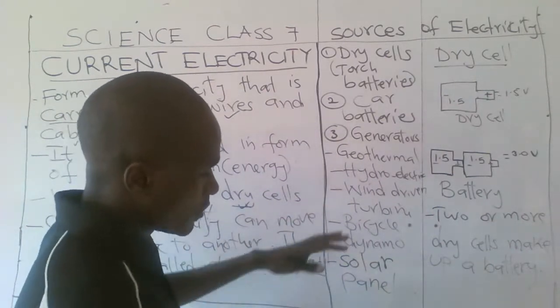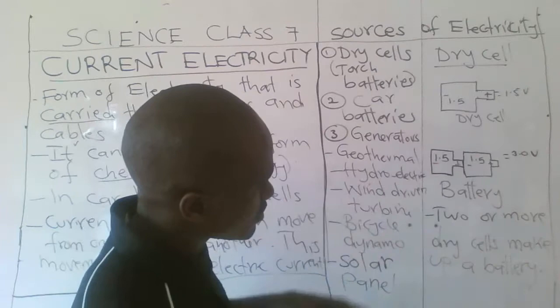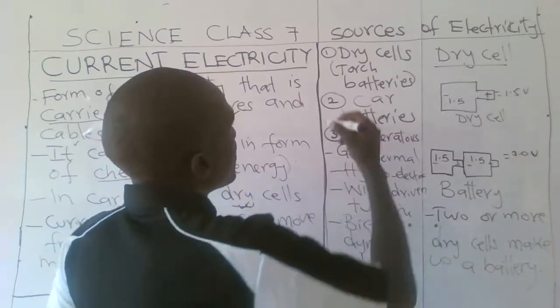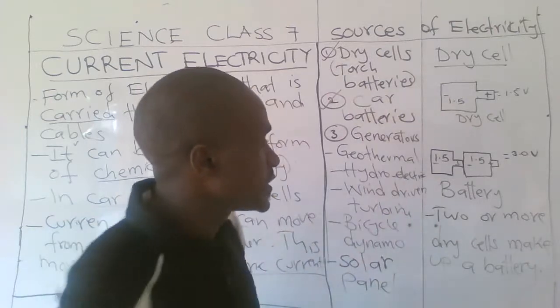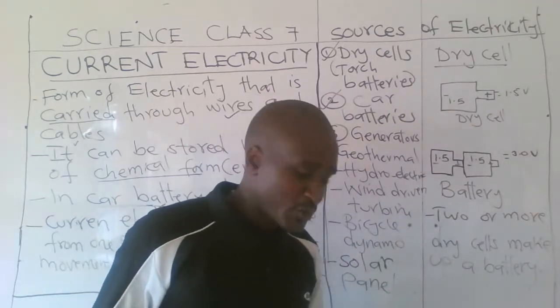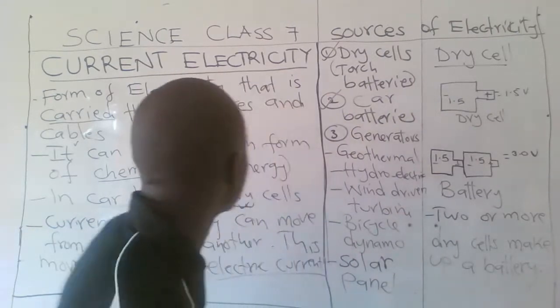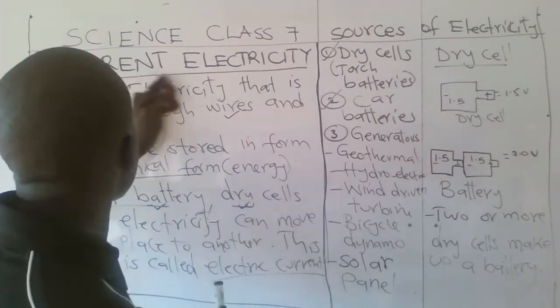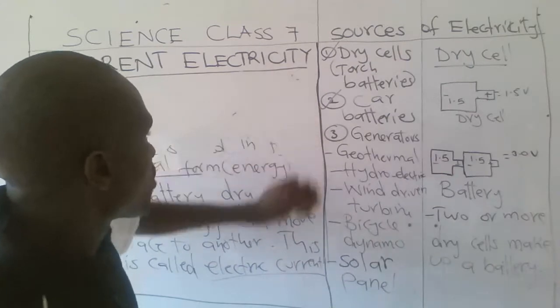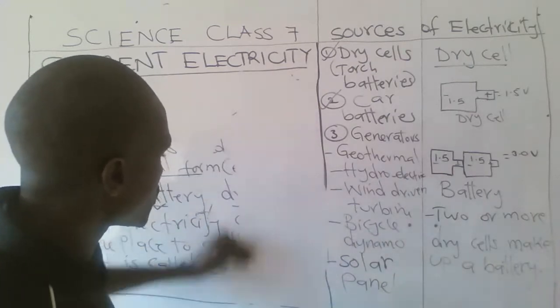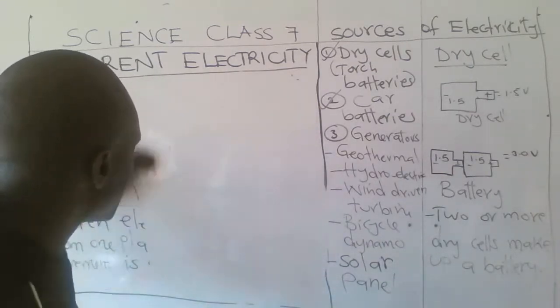Let's also say something small about the battery. Now, which battery am I talking about? I'm now talking of the car battery, not the battery where you connect two dry cells together. Let's talk of a battery that is not a torch battery, but a car battery.